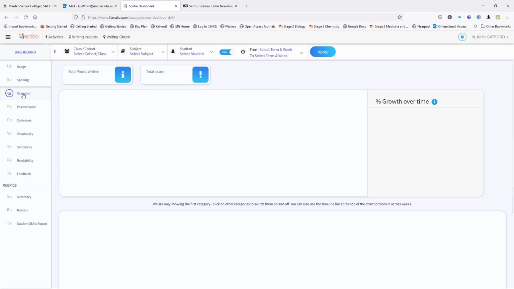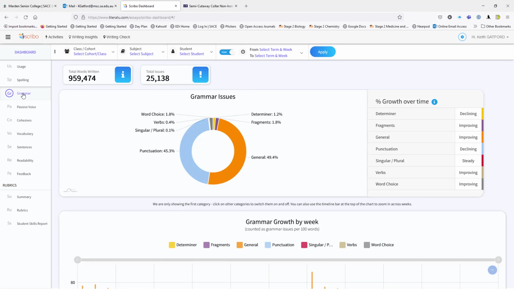Similarly, we can look at grammar. And so grammar can be split into a few different types of problems. And we can see that things like fragments are improving over time. Punctuation is declining. That could also be similar to spelling. And our word choice is improving.